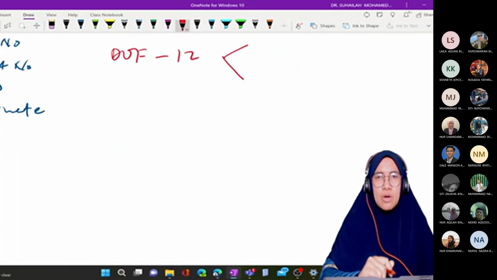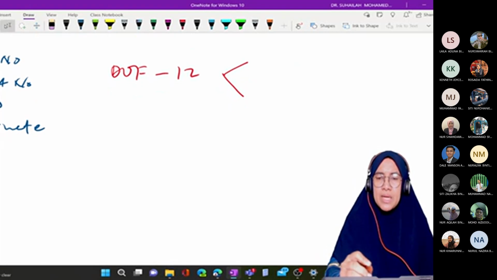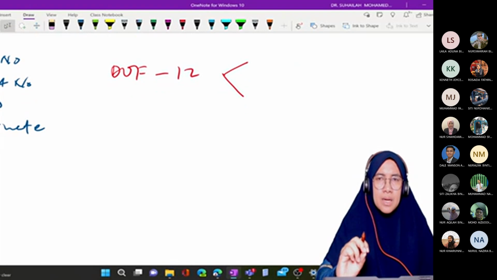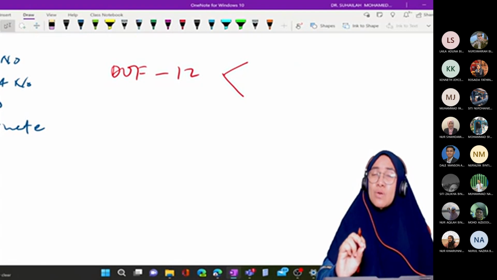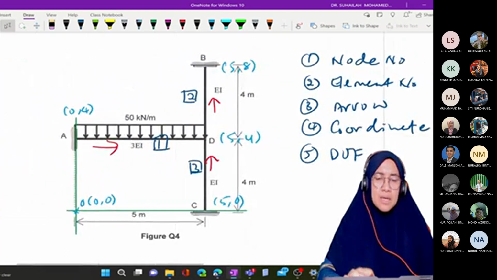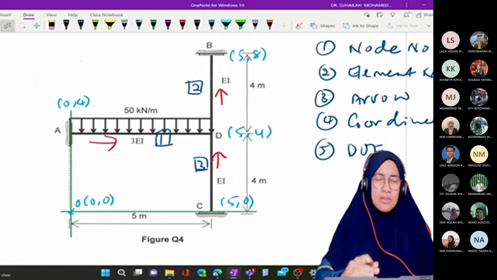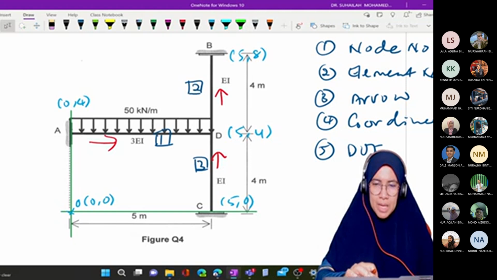The degrees of freedom are a combination of unknown reactions, which occur in the constrained system, and unknown displacements, which occur in the unconstrained system. It is simple if we identify the number of unknown reactions in the frame.